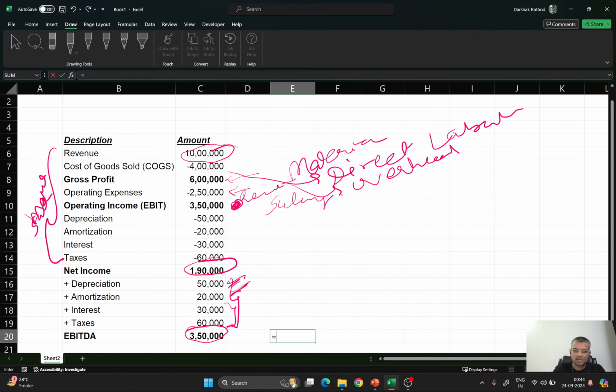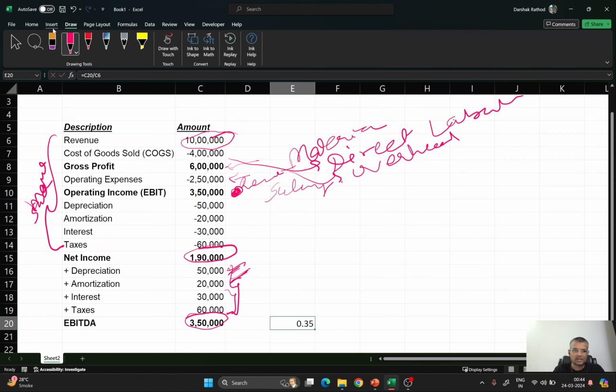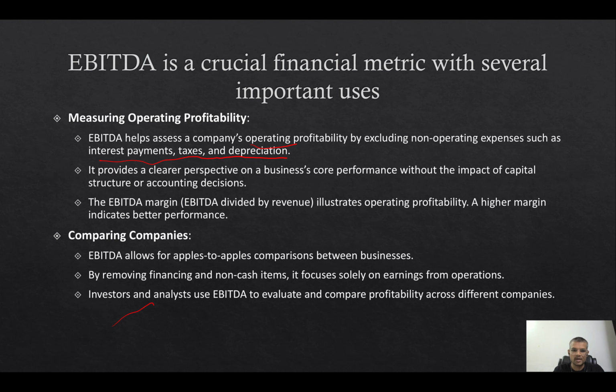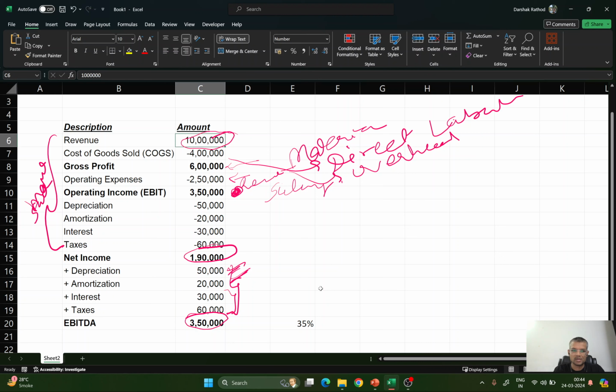If I divide this 350K by the revenue, then the percentage which we get is 35%. So in this case, this is basically the EBITDA percent. A higher percentage means, of course, we are saving on costs. So it is very useful.